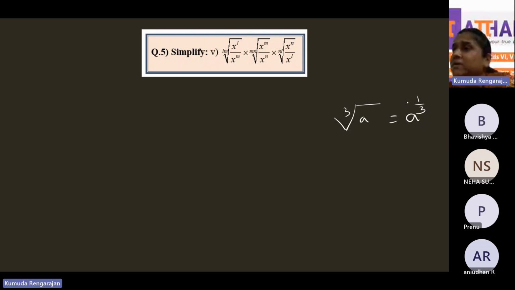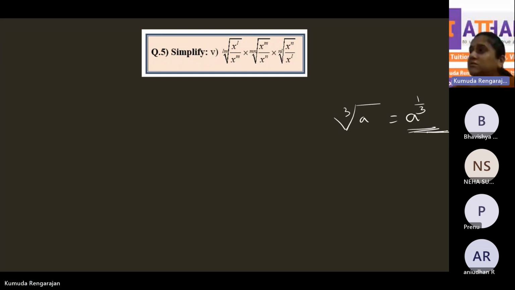Okay. Swati? A to the whole power 1 by 3. Okay, this is correct. All of you agree with this answer? Cube root of A is equal to A to the power 1 by 3, correct?